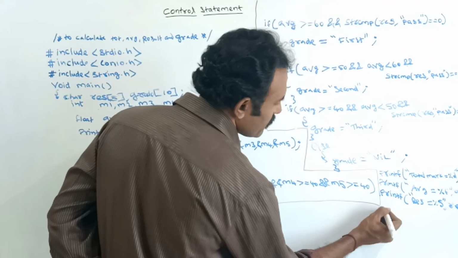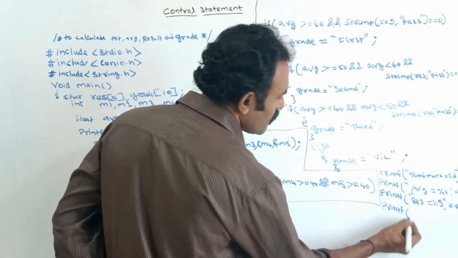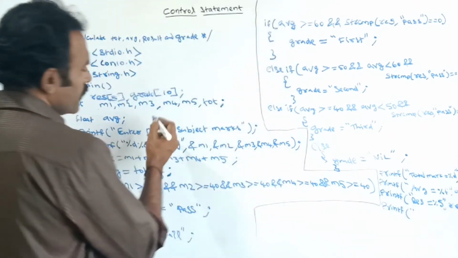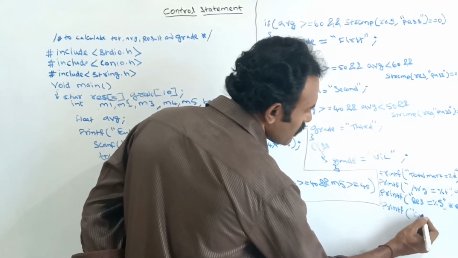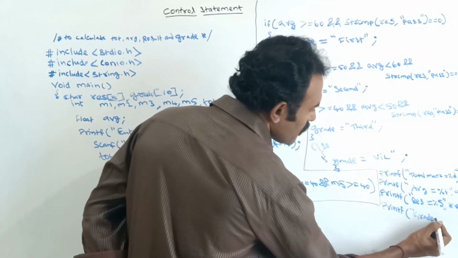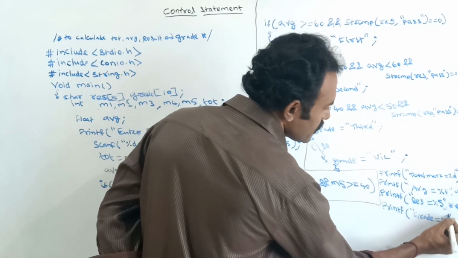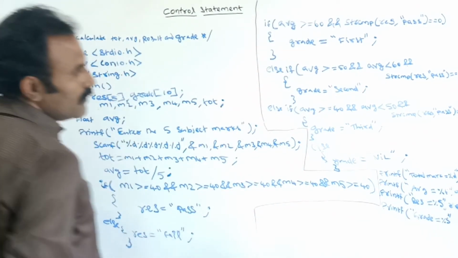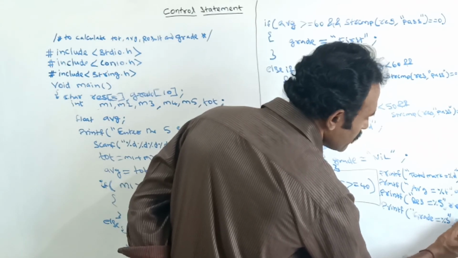Next, printf grade or class. Grade is equal to percentage s. This is also a string. Next, variable name grade.